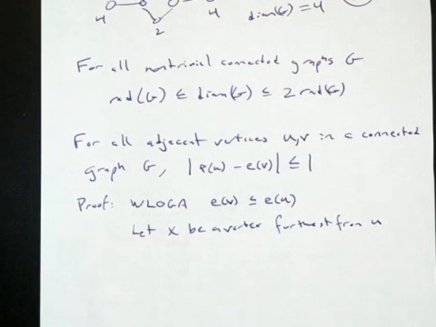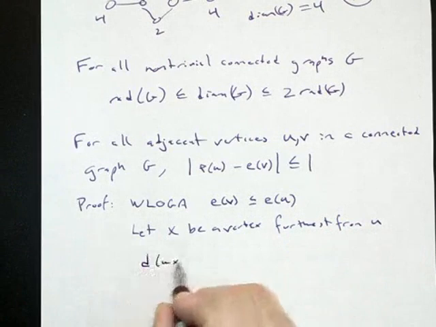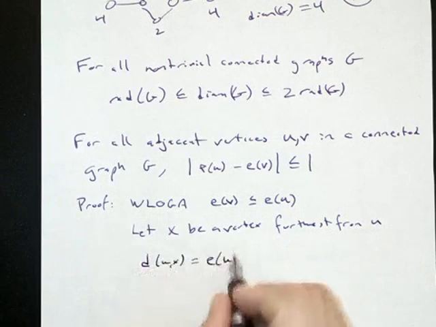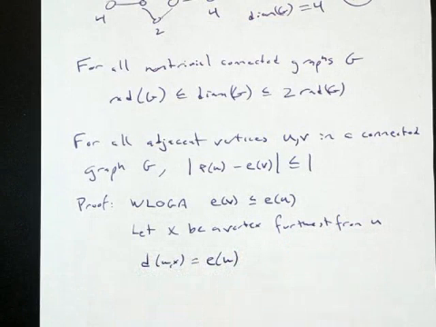It's the eccentricity of U. That's the definition. It's one of the vertices that is as far away as I can make it. But U and V are adjacent, right?